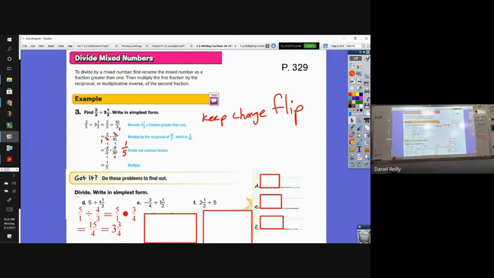Olivia, you have nothing. Why have you nothing? What do you do? Example. First, rename the mixed number as an improper fraction. So rewrite the problem with the mixed number written as an improper fraction.